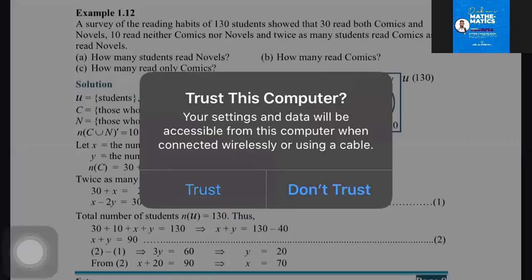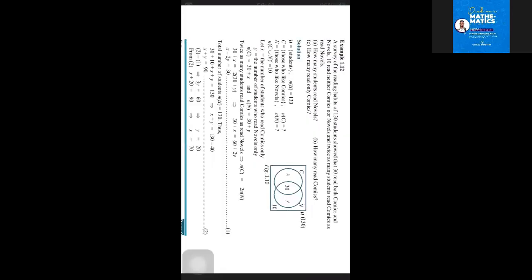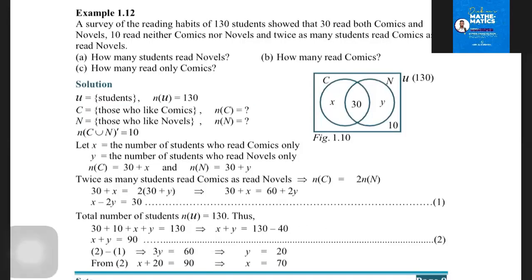So a survey of reading habits, 130 students. So your universal set is 130. Give me 1 minute.